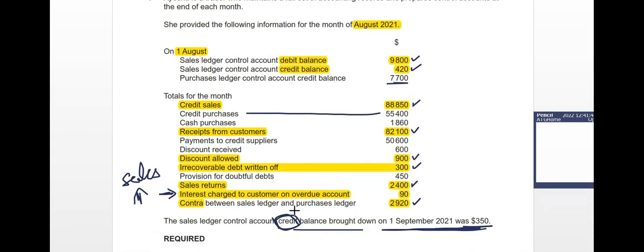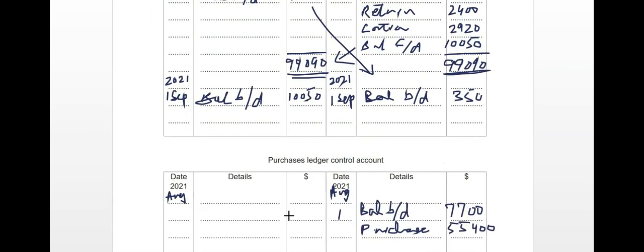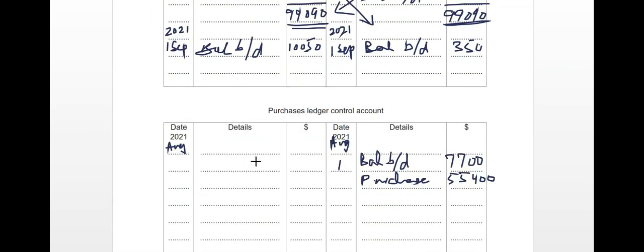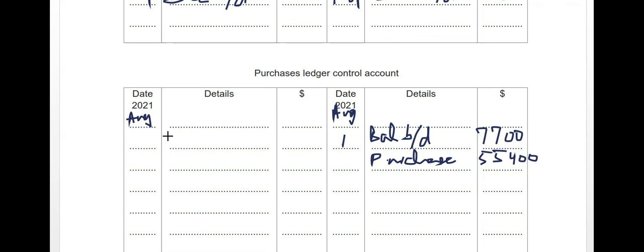Now with this we have payment to credit suppliers and discount received, as these both values will be reducing our credit purchases amount, so these will go on the debit side. Any payments made to suppliers, so we simply write bank.